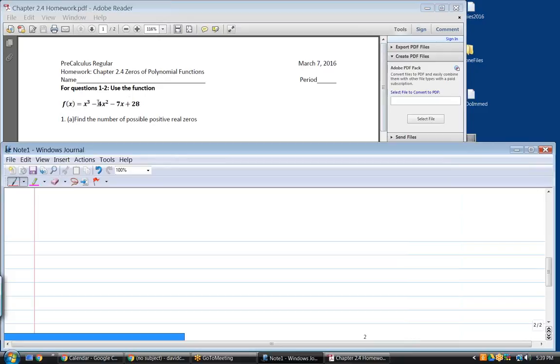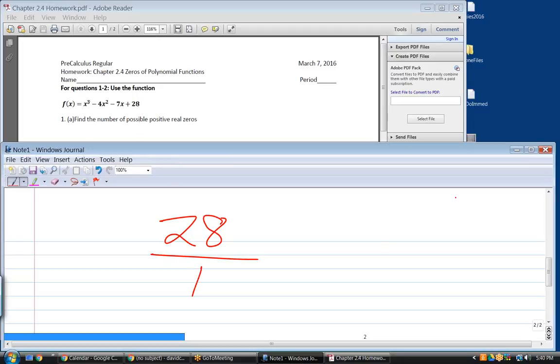If this function has a rational zero, its numerator has to be a factor of the constant, and its denominator has to be a factor of that coefficient. In other words, the numerator has to be a factor of whatever this number is, and the denominator has to be a factor of whatever that coefficient of the lead term is.